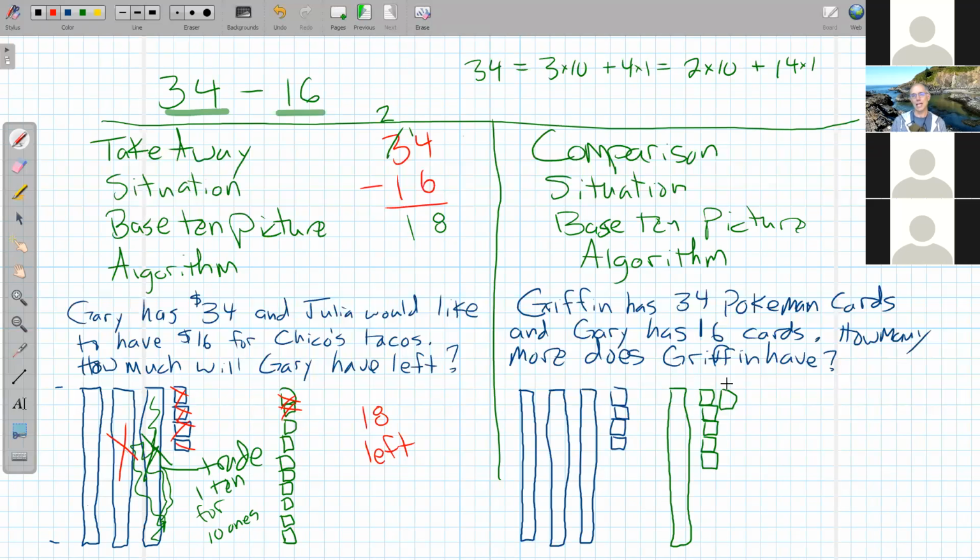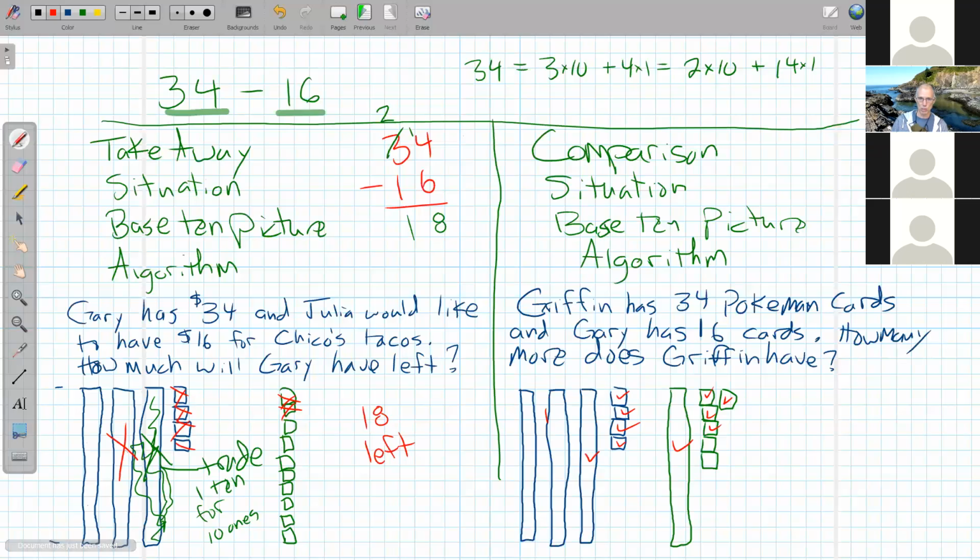Similarly here, I can't do the comparison because there's not enough 1s to compare over here. I run out. I can say, okay, this guy matches that guy, and this guy matches that guy, and this one matches that one, and that one compares to that one, and this one compares to that one. And you could say you're done, but you're not, because he still has stuff.